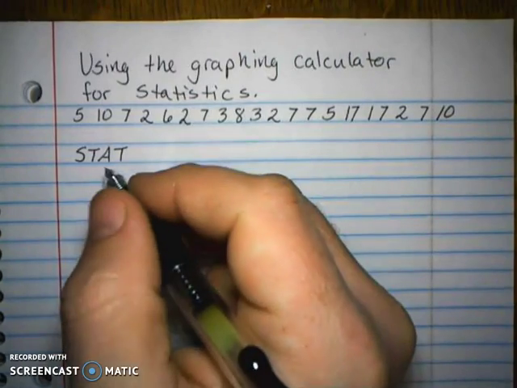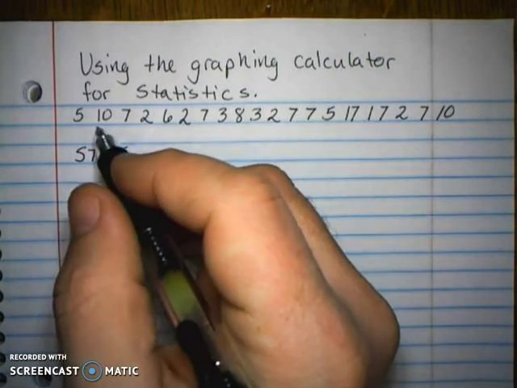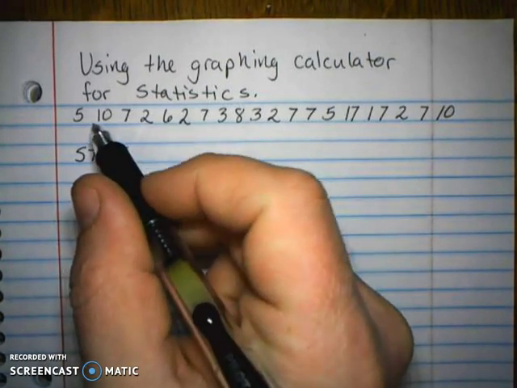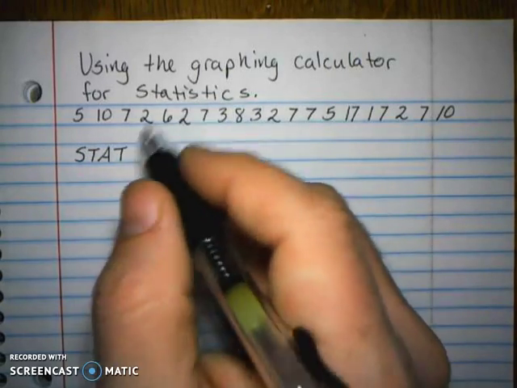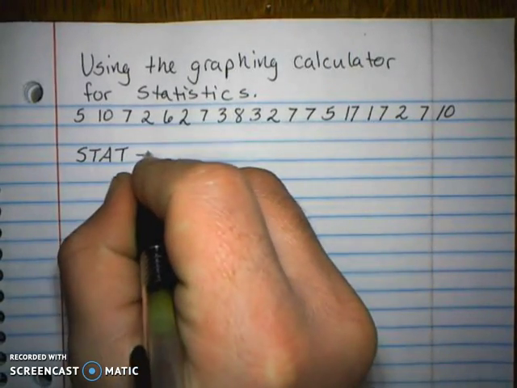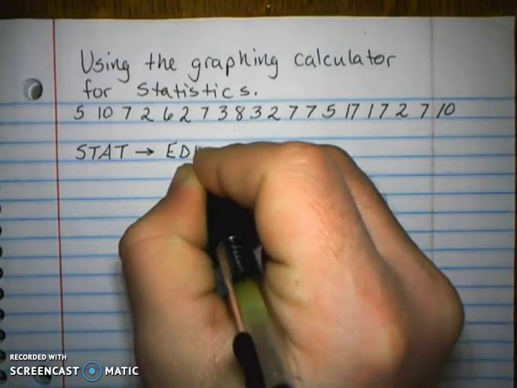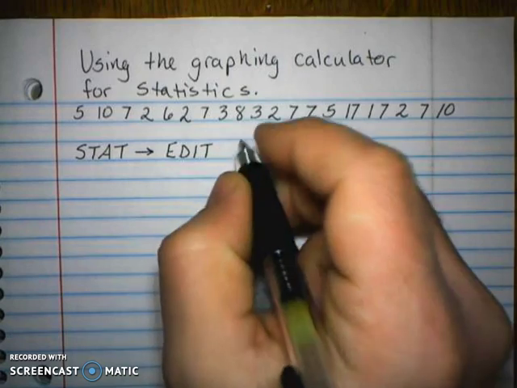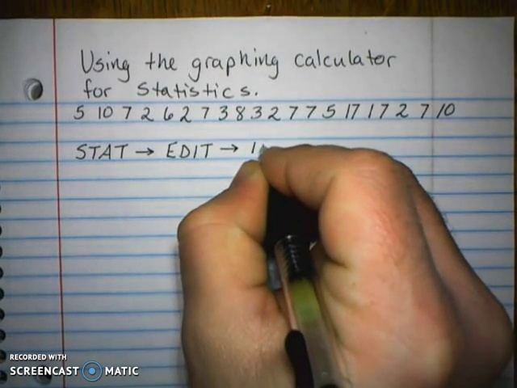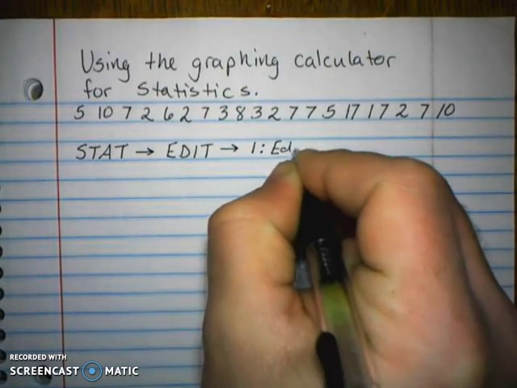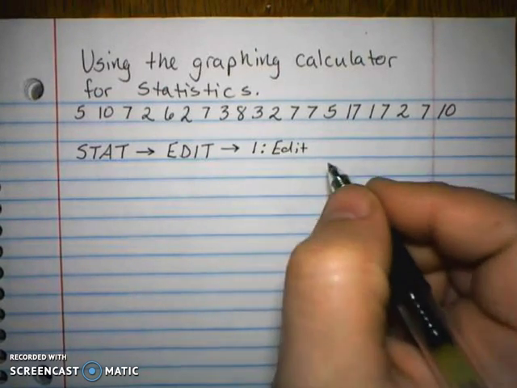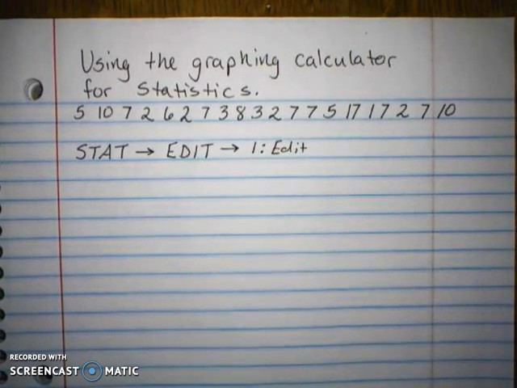Once we do that, we can enter this set of statistics into a table. You hit this button first, and then go to the Edit menu. In the Edit menu, option number 1 says Edit. That's the first thing we're going to do, and I'm going to show you on the calculator how to do that.